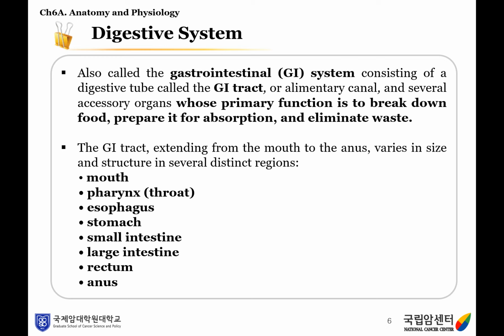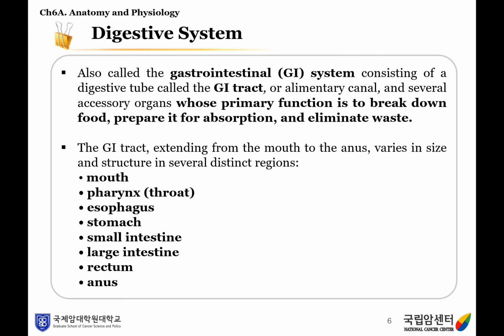So the digestive system is also called the GI system, gastrointestinal system, which consists of a digestive tube called the GI tract or alimentary canal and several accessory organs whose primary function is to break down food, prepare it for absorption, and eliminate waste.